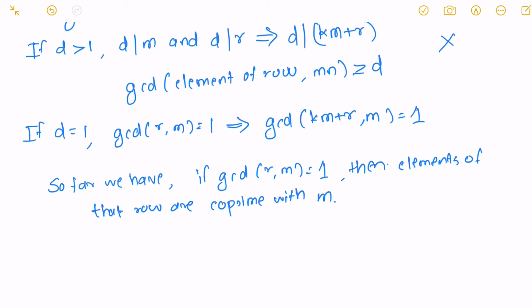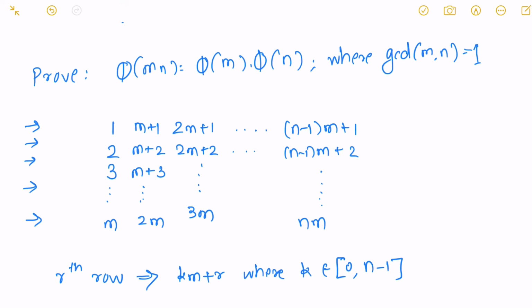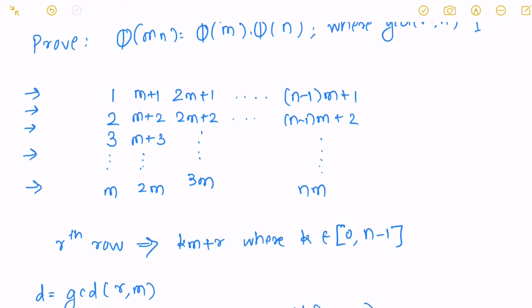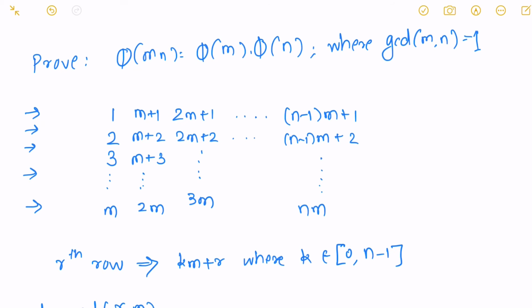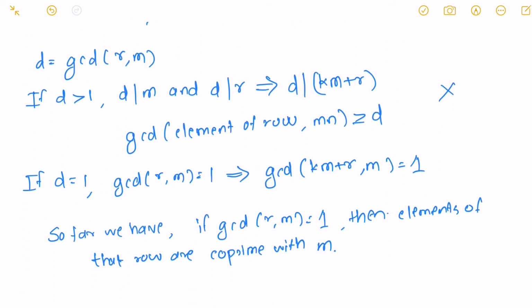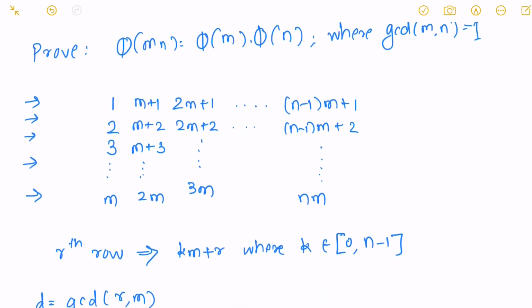If we go back to our table, we can see that r, the index of the row number, varies from 1 to m. So finding how many rows have every element coprime with m is nothing but Euler's totient function of m, since r varies from 1 to m.